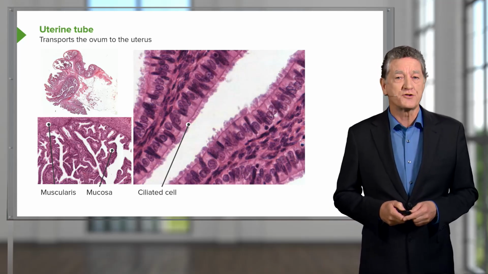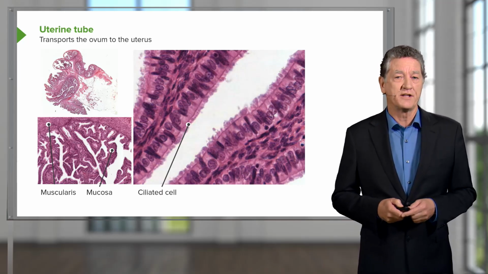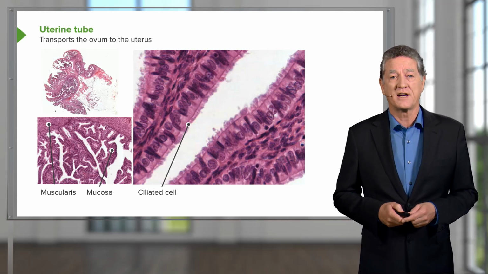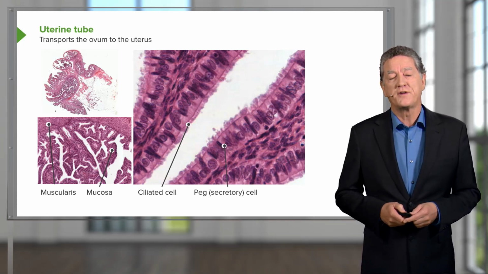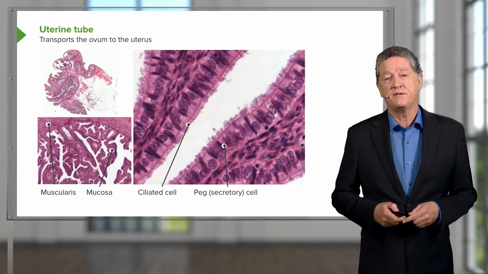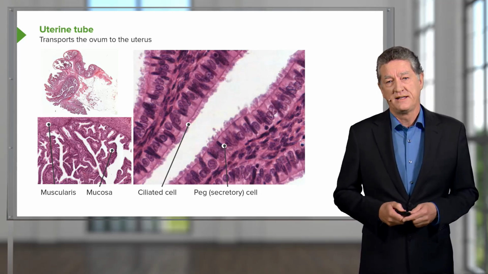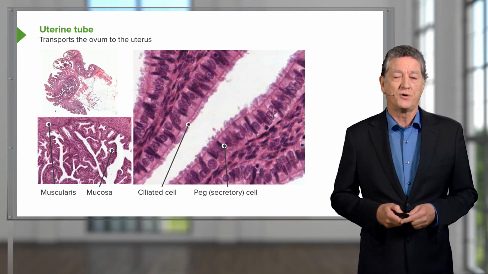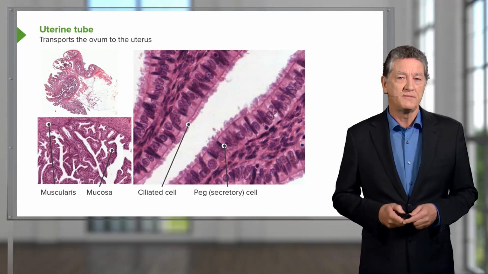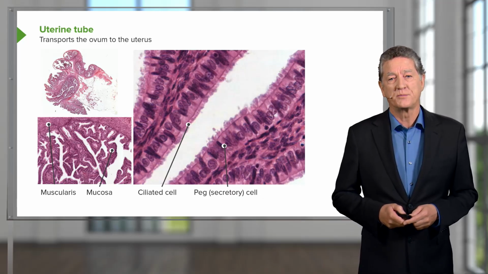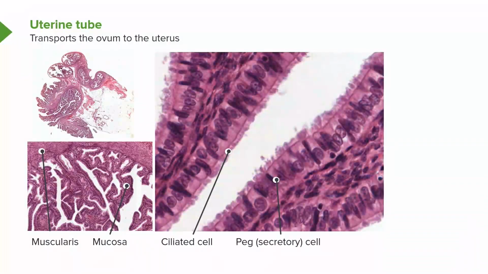Besides being an organ for transport and providing the location for fertilisation, it's also a very important tissue for making sure there is nutrition inside the lumen for the oocyte, the sperm, and also for the possibility of the fertilised egg. And they're called secretory cells or PEG cells.